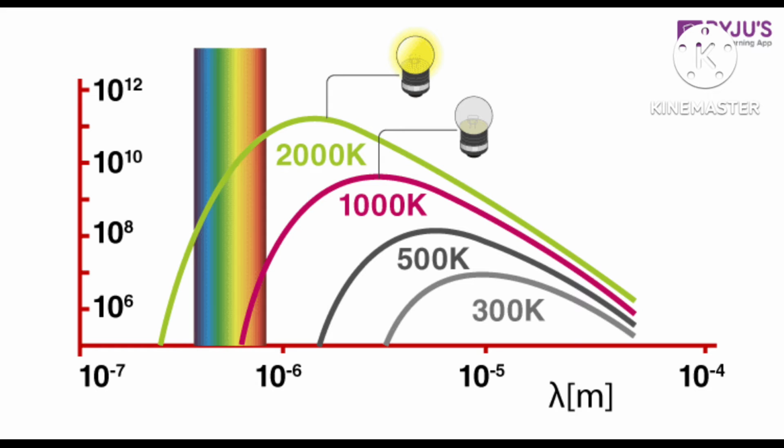When light was exposed to potassium, rubidium or cesium, electrons were ejected from their surface.